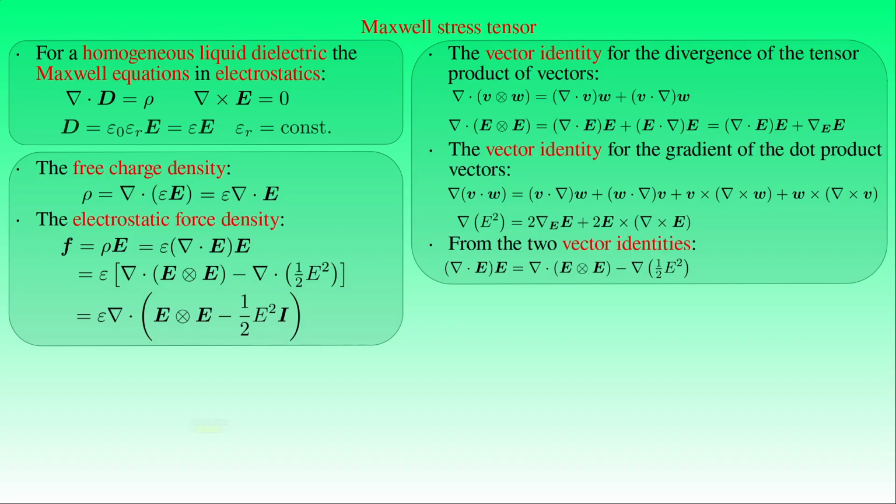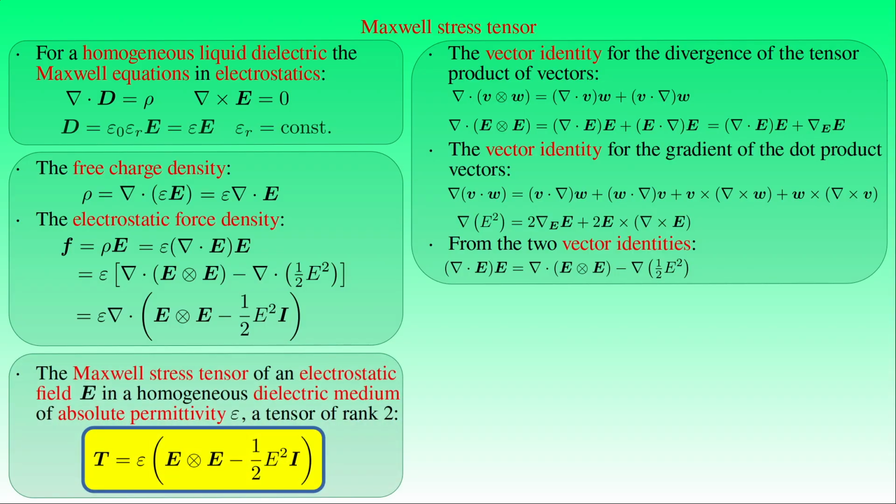Now we introduce the Maxwell stress tensor T of the electrostatic field E in a homogeneous dielectric medium of absolute permittivity ε in the form ε times the difference between the tensor product of the field strength E with itself, and 1/2 times the square of the magnitude of the field strength E times the unit tensor I. This quantity is a tensor of rank 2, which can be represented by a matrix with the tensor components in a given coordinate system.